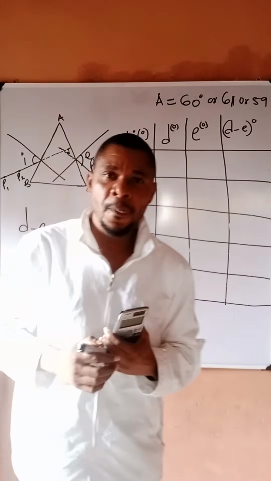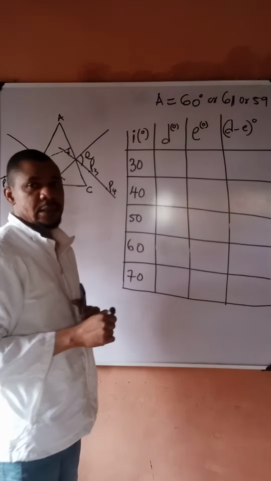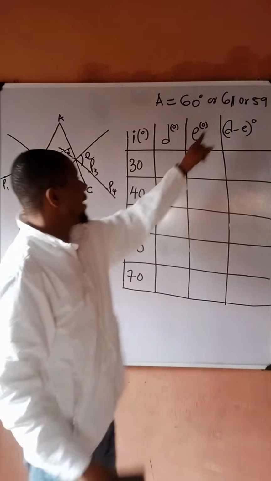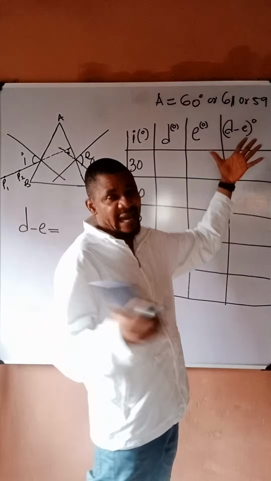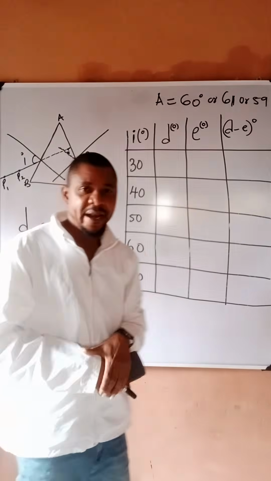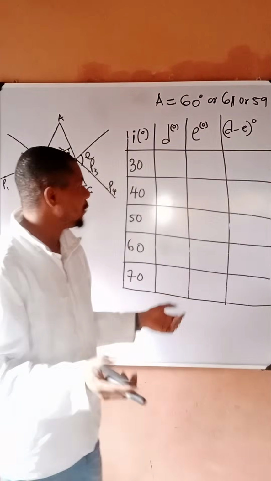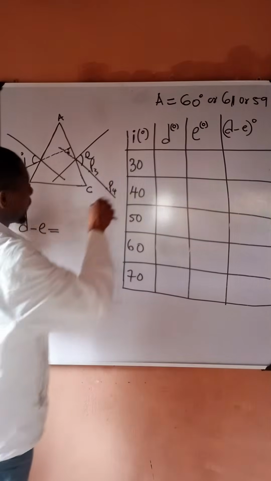But in this video, I want to use 30 and manipulate it. So you can decide to use 61. Another person can decide to use 51. You still get the same answer. Within a space of 30 minutes, you are out from the exam hall, you are done with every other thing you are doing. So let's get there.